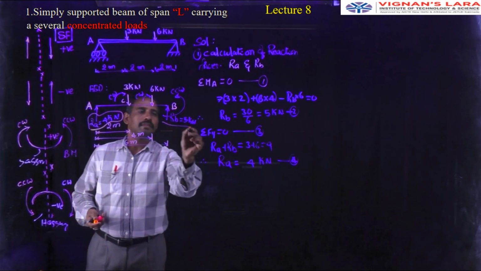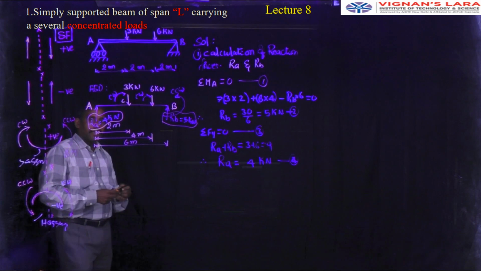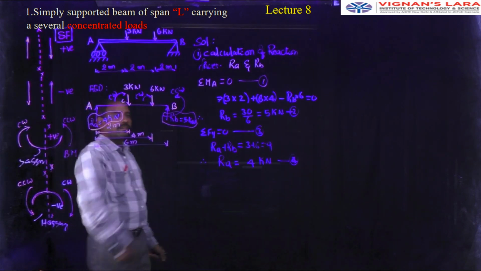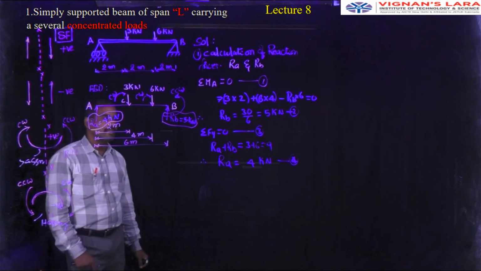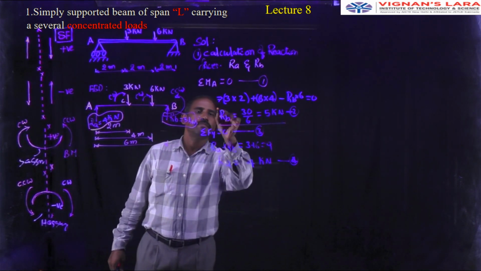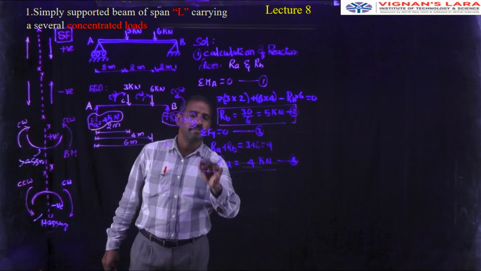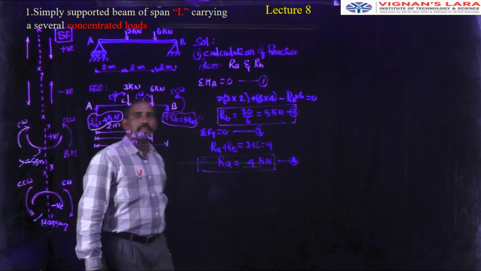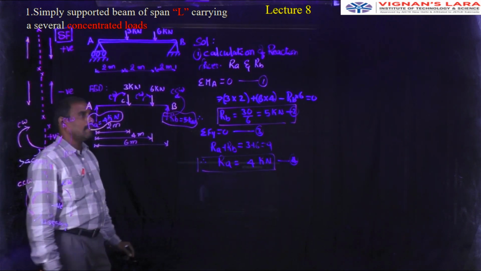These two values are calculated, shown in the circles. That is RB, and this is RA.